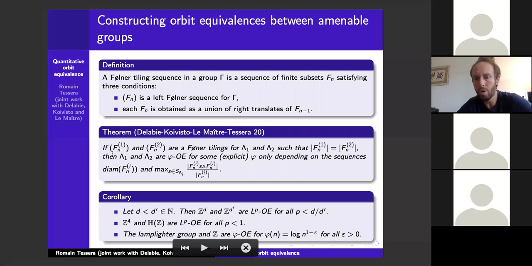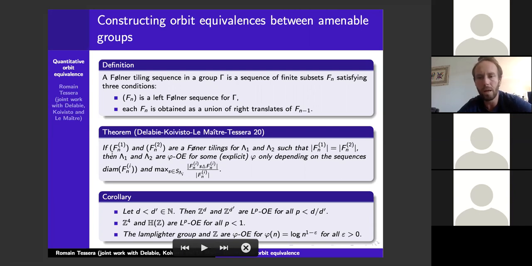And so the point is that to construct an orbit equivalence, the only thing you need to know is that you have a Følner tiling for each group such that the cardinality of Fn is the same for each group. It can grow, it can be constant. For instance, for Z, the cardinality is 2^n.